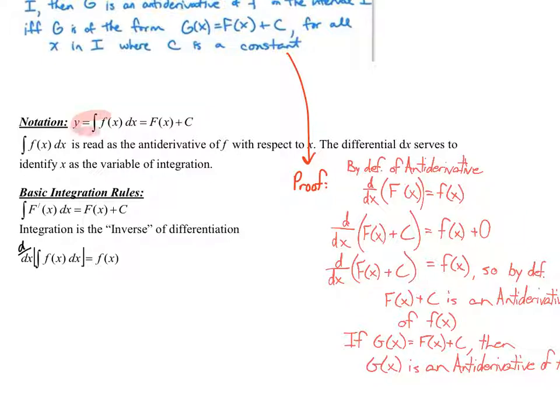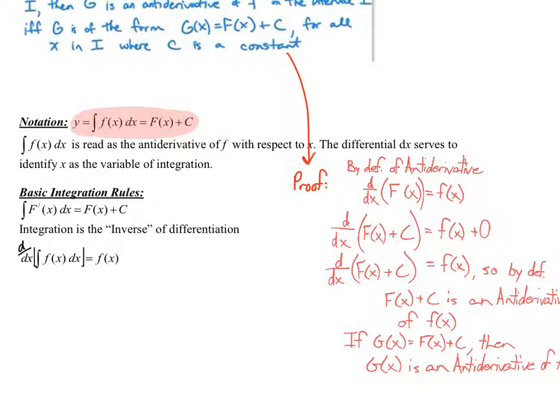Okay? So this notation right here, the antiderivative of f of x dx, again, equals capital F of x plus c. We always put that plus c anytime we're taking the antiderivative.